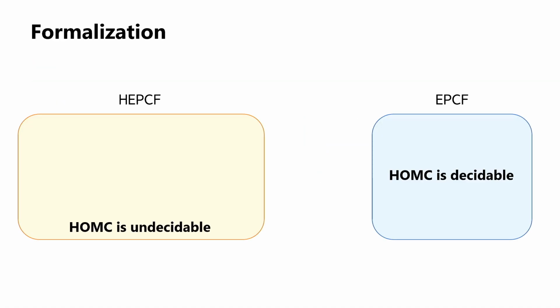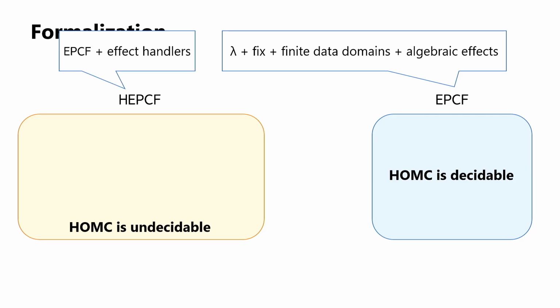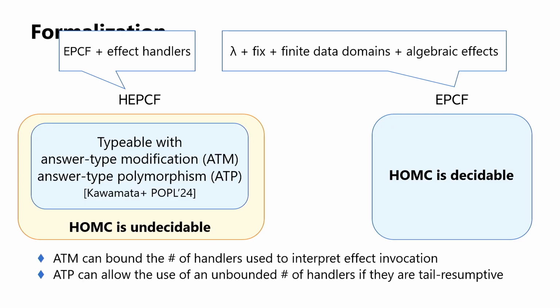Okay, so formalization. First we have two languages. The first, EPCF, is a simple language, similar to PCF, but only finite data domains are available, and we also support algebraic effects here. The other is an extension of EPCF with effect handlers, and we define a decidable class using a type system which supports answer type modification and answer type polymorphism.